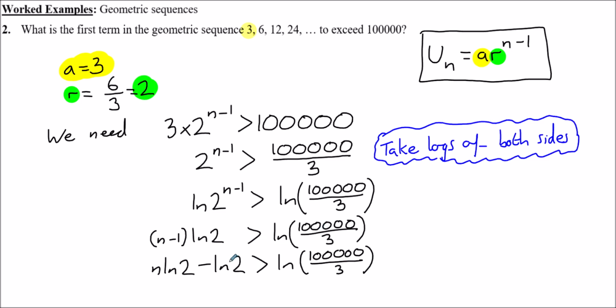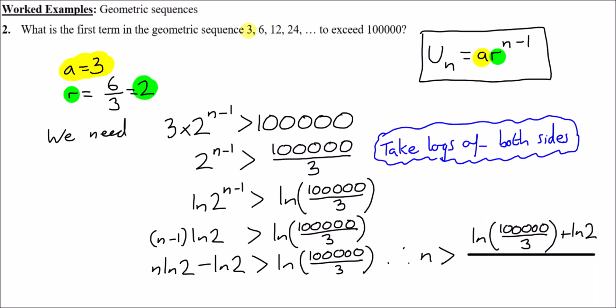Therefore, if we add ln2 to both sides and then divide by ln2, we can see that n has to be bigger than ln of 100,000 divided by 3, plus ln2, all over ln2, which is, well, I do not know.